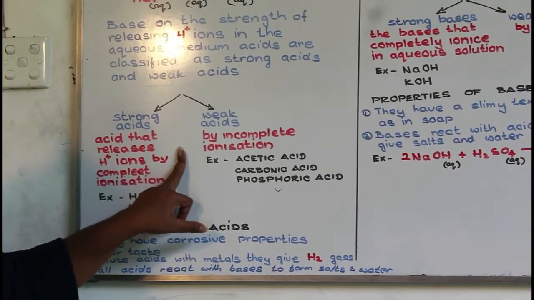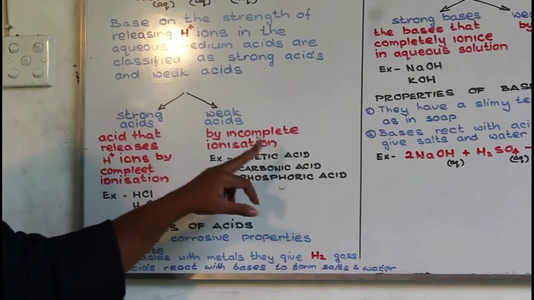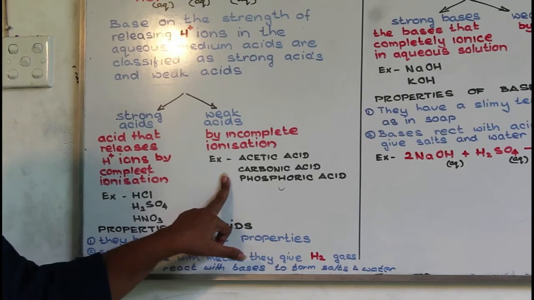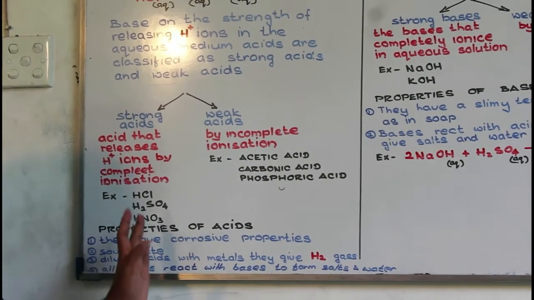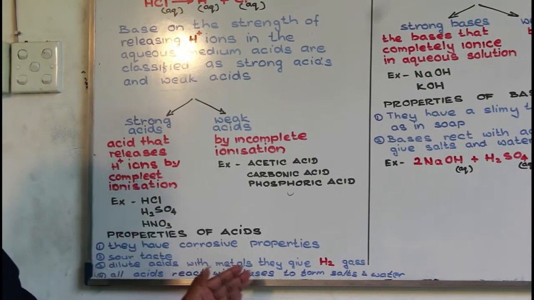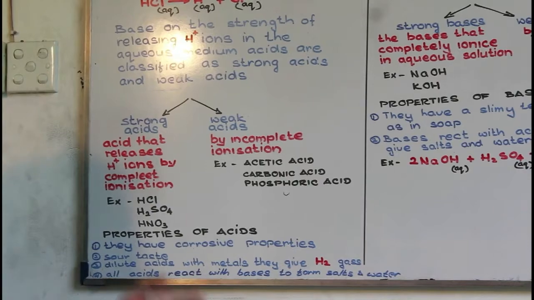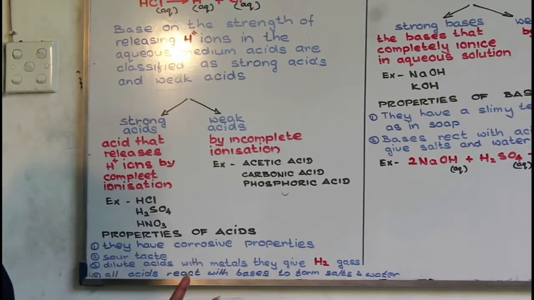When they form H+ ions by incomplete ionization, we call it a weak acid. Then, my dear children, you have to study the properties of acids. There are several properties; you can study at least 2 properties.